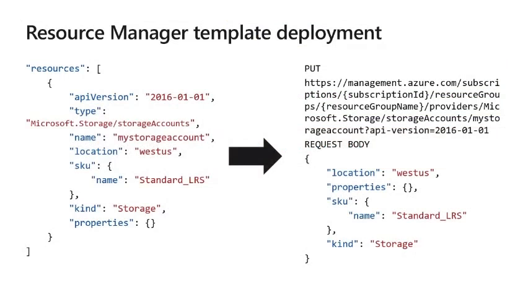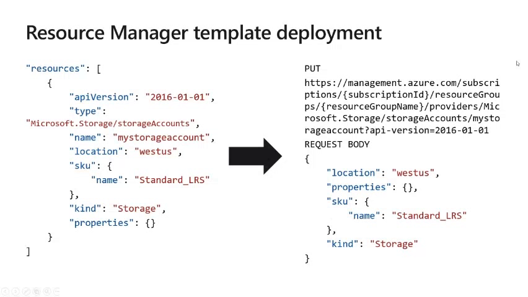So the ARM template looks like this. You have resources. In this, you have API version. The type of resource is storage account. The name is my storage account. Location West US. SKU Standard_LRS, locally redundant. Kind is Storage. You use this API with this request body.